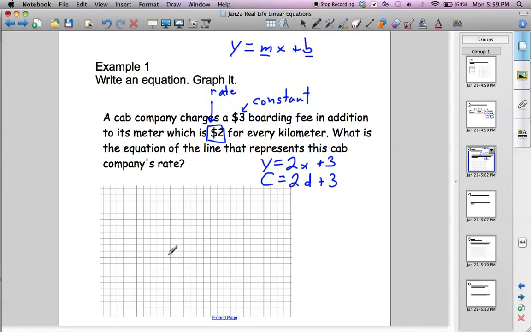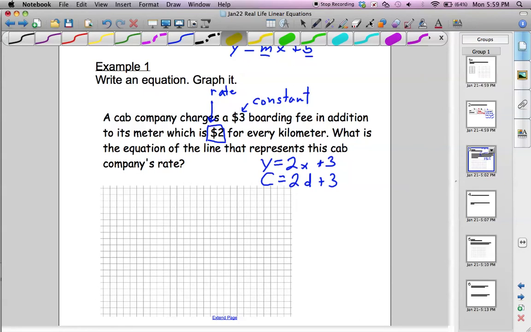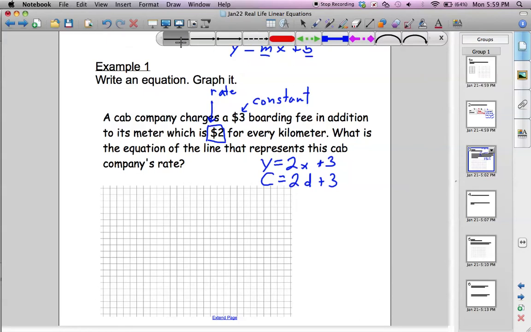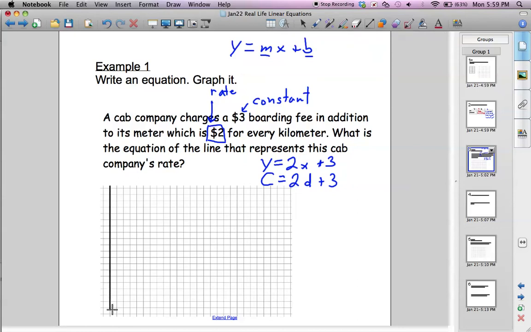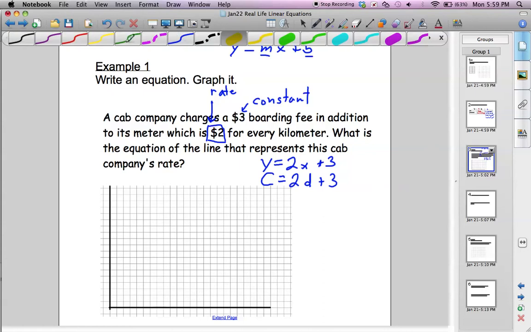In a real-life context, you often don't need negative numbers, and we don't need negative numbers in this case. So we don't need a graph with all 4 quadrants. We can just graph in the first quadrant where everything's going to be positive. On this graph, first of all, we can label the x and y axes.